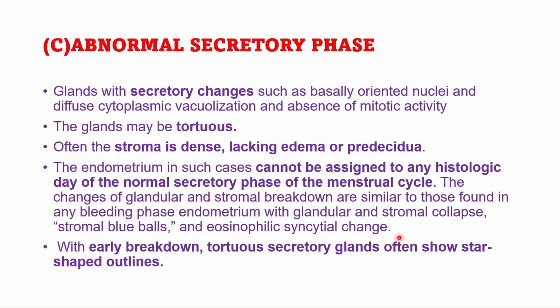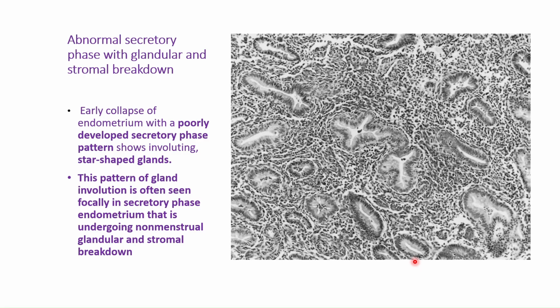These changes we have seen in our earlier episode 4. So you have to keep in mind whenever you see this type of picture, that is called glandular and stromal breakdown. And with early breakdown, tortuous secretory glands often show star-shaped outline.